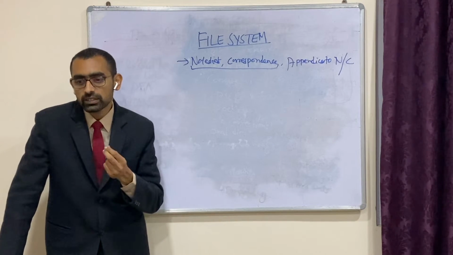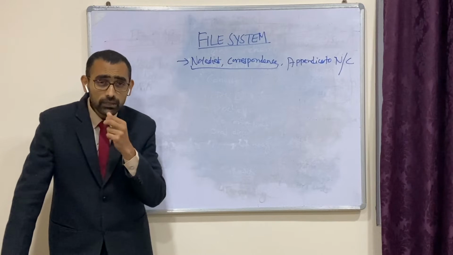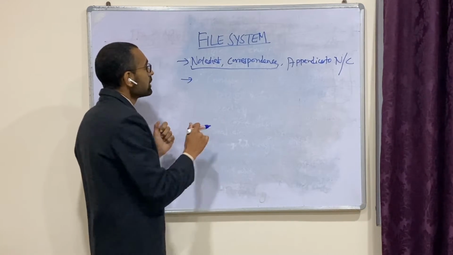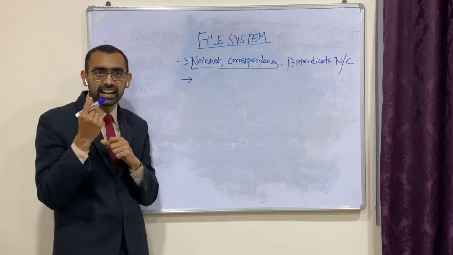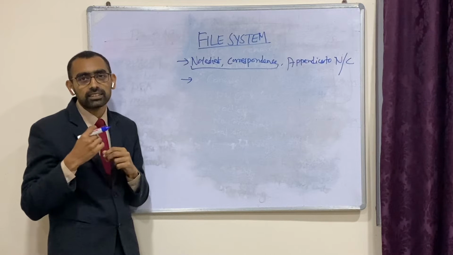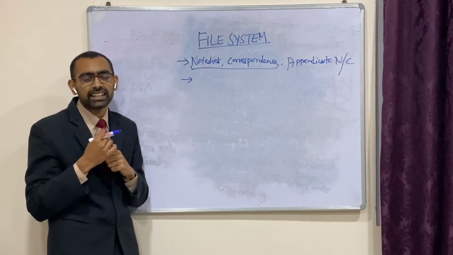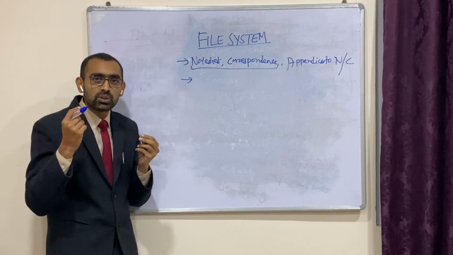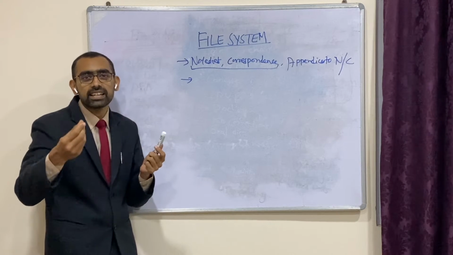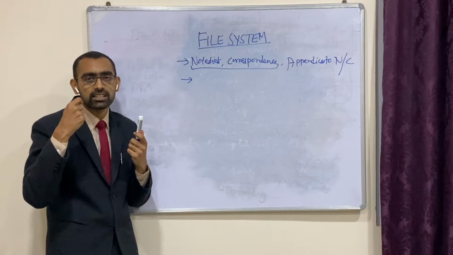Regarding the note sheet, the first thing is that it has to be that light green color. Many times I have seen that sometimes white color is also used. Generally white paper is used to make order sheets.